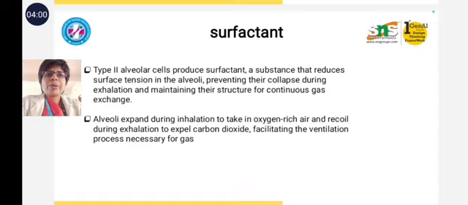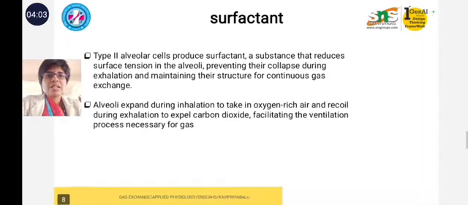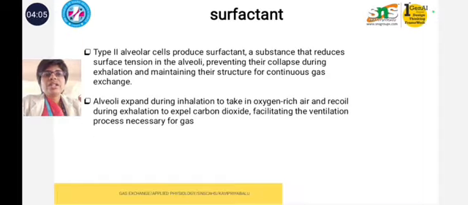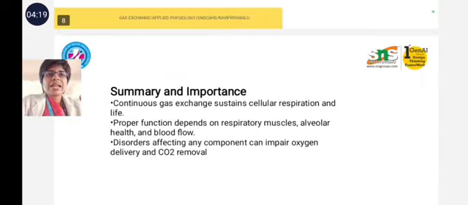So the alveoli expand during inhalation to take in oxygen-rich air and recoil during exhalation to expel the carbon dioxide, facilitating the ventilation process necessary for gas exchange. And continuous gas exchange sustains cellular respiration, and it is important for our life. Proper function depends upon the muscles and alveolar health.